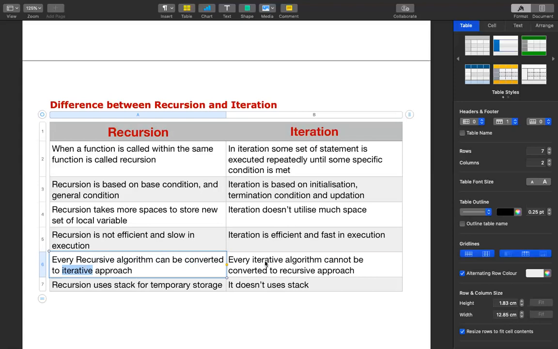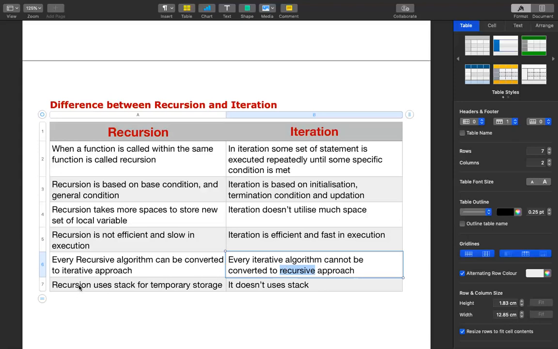That means not all the programs which you can solve using an iterative algorithm can be solved using a recursive approach. Since Fibonacci, factorial, and binomial coefficient can be solved by recursion, they can also be solved by iteration. So recursive algorithms can be converted into iterative algorithms, but the reverse is not possible.